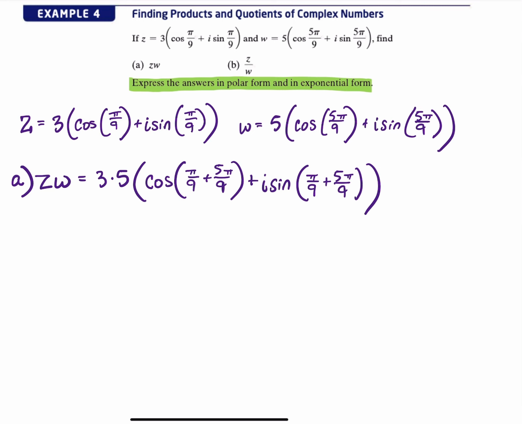So let's just simplify that a bit more. This will be 15 times the cosine of 6 pi over 9, which would reduce to 2 pi over 3, plus i times the sine of 2 pi over 3.